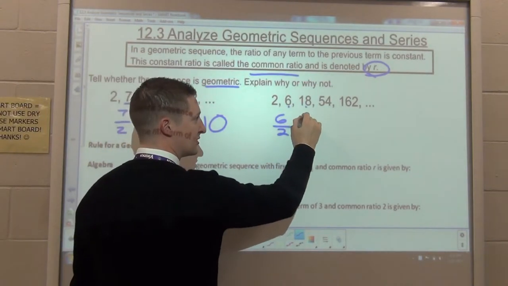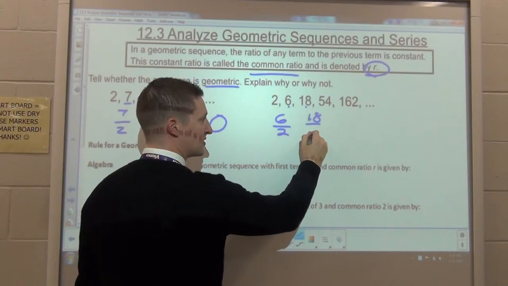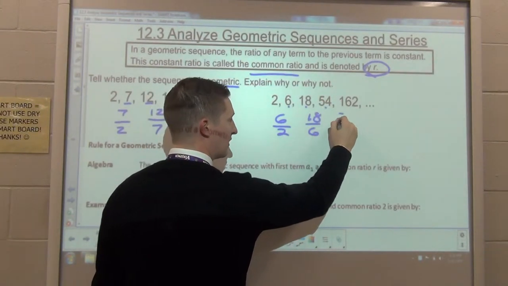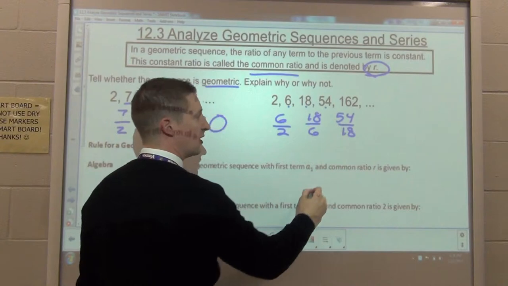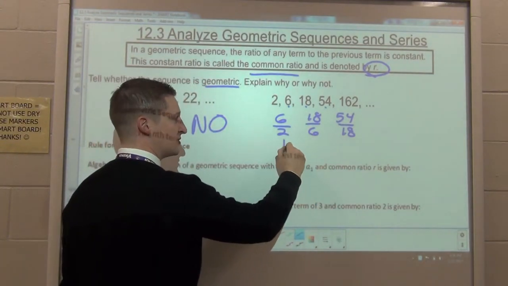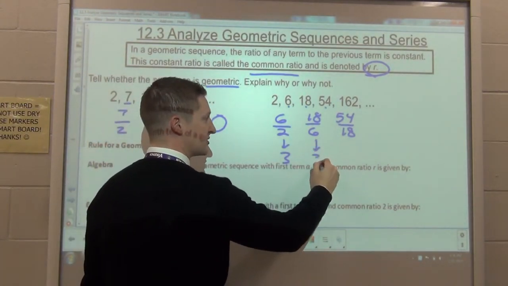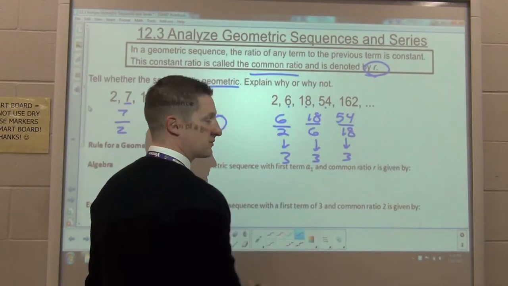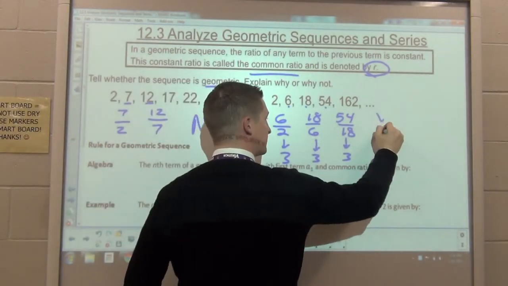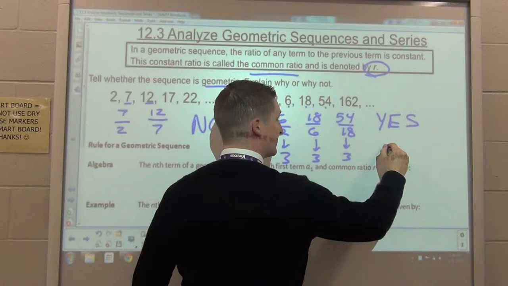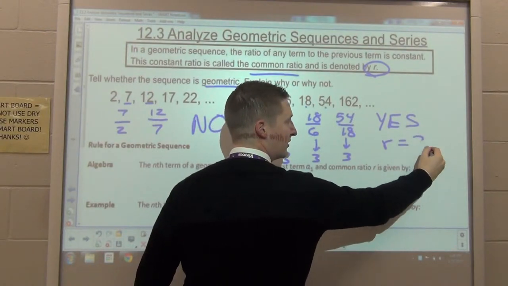And then I would take the third term, 18, divided by the term right before it, which is 6. And then I'd take 54 divided by 18, and so on. And notice that each time I do this, 6 divided by 2 is 3, 18 divided by 6 is 3, 54 divided by 18 is 3. So I'm going to go ahead and say that, yes, this is a geometric sequence, and it has a common ratio of 3.